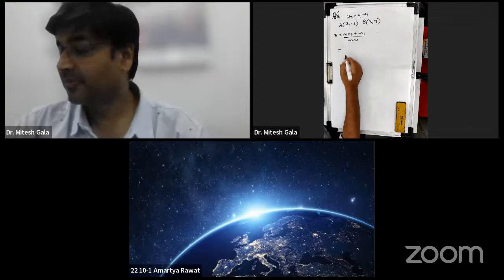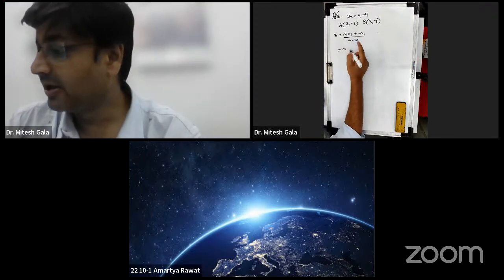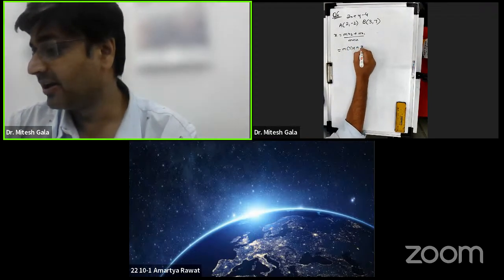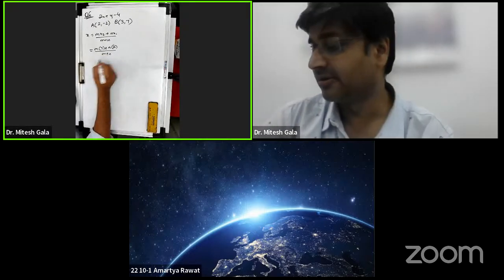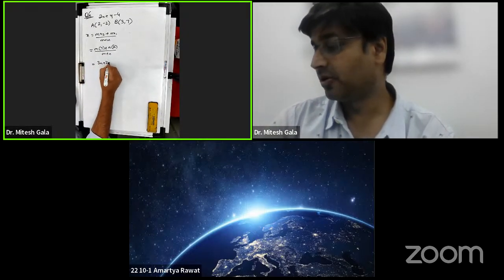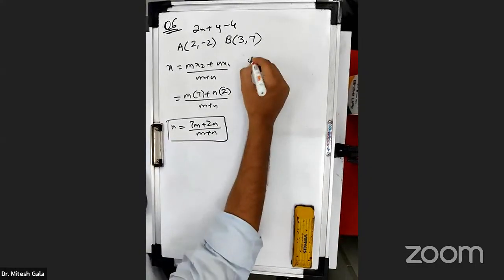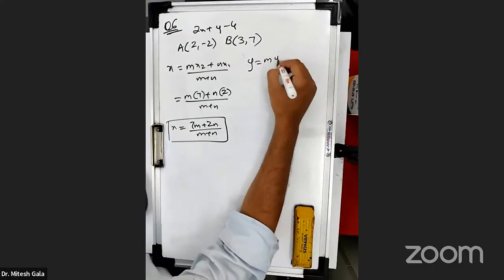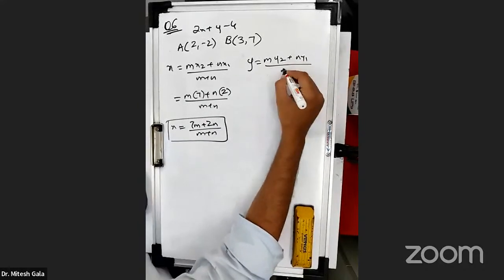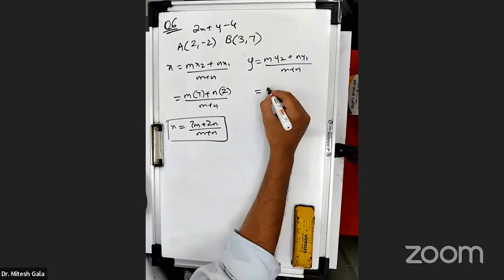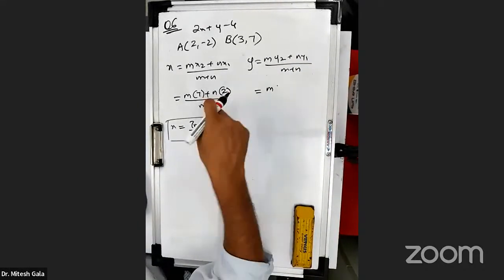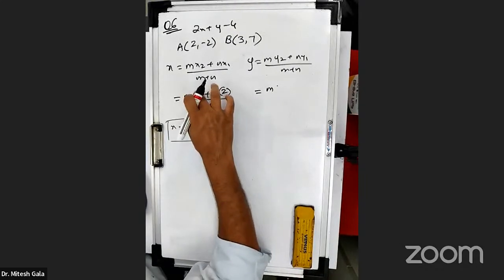So this is bigger. So m x2 is 3m, n x1 is 2n, upon m plus n. So x is (3m plus 2n) upon (m plus n). Likewise, let me find y: (m y2 plus n y1) upon (m plus n). Oh, this was y2 and y1, I messed up over here.